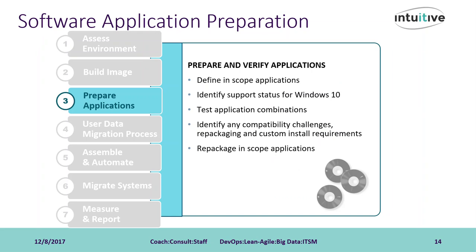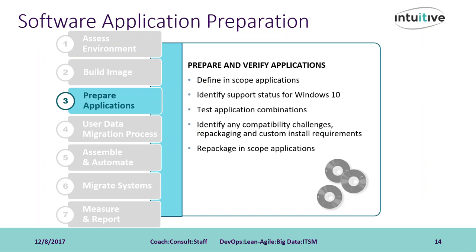After you have your list of applications that will need to be supported on your new Windows 10 systems, a test plan should be drafted to ensure that they will all play nice together. We typically build out a plan based on lines of business and software applications needed by each one of them. Once the compatibility tests are complete, you'll need to start repackaging activities of those software applications so they'll be ready to be used as a software delivery task to install them during the imaging job on the migrated Windows 10 systems.